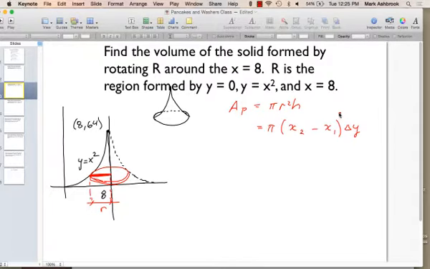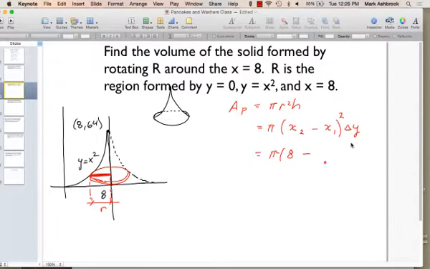Lots of you are saying correctly what it will be. I just want to do every step, okay? So that radius is a change in x, so it's going to be a final x minus an initial x. What is x2? 8. For every single pancake, the rightmost is 8. And what is x1? Careful.